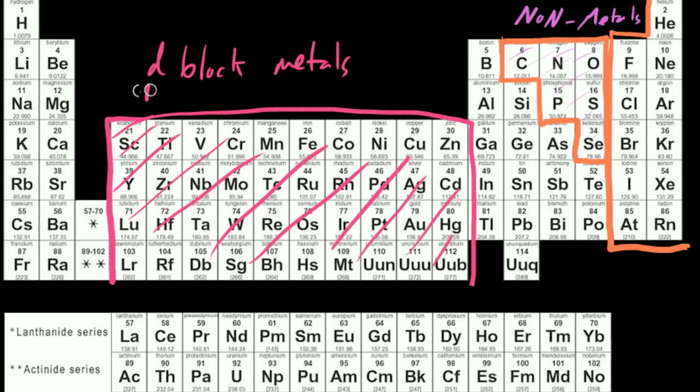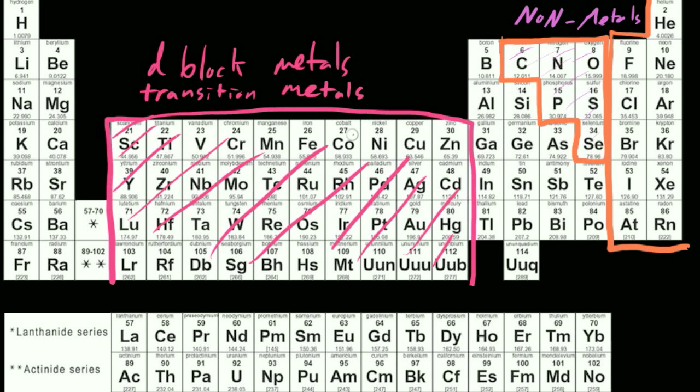They're sometimes called transition metals, and we'll talk more in the future about why they're called transition metals, and we'll see that specifically when we're talking about electron configurations, we're able to predict very well what type of electron configurations these elements are going to have.